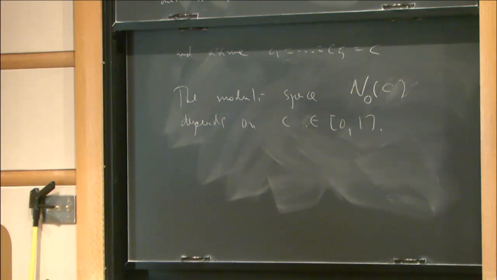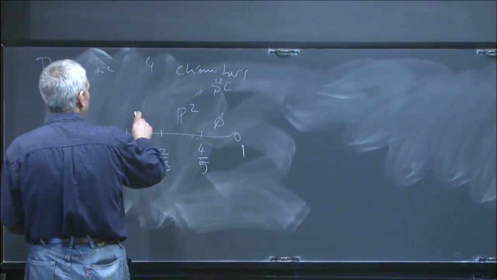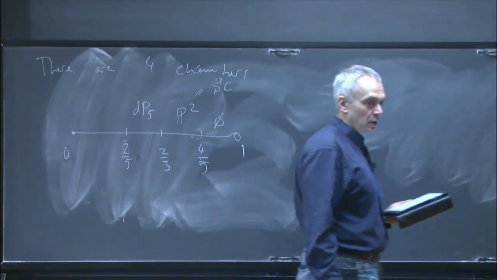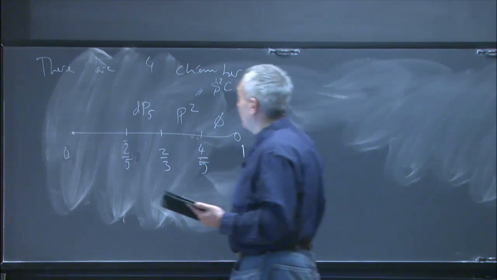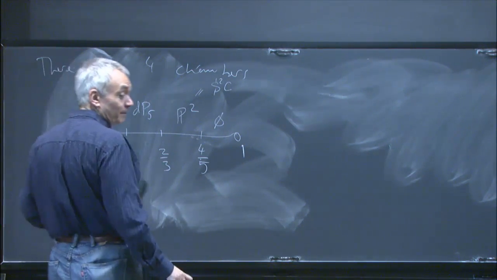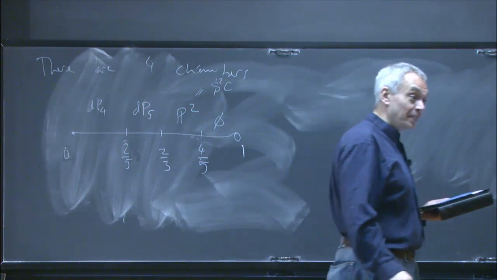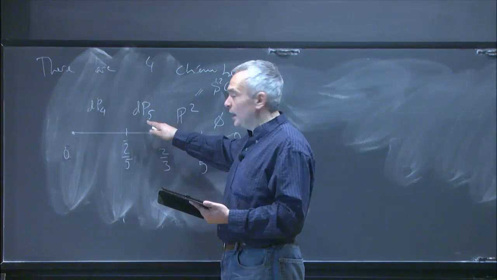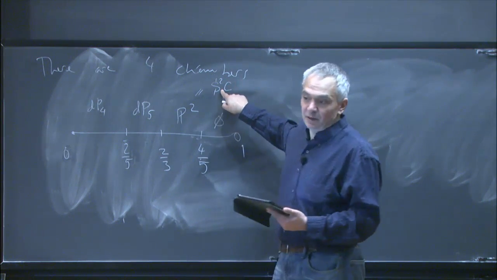So here we have a degree 4 del Pezzo, a dP5. And here we have a degree 5 del Pezzo, a dP4. Explicitly, what these are: this was just the symmetric product of the curve.